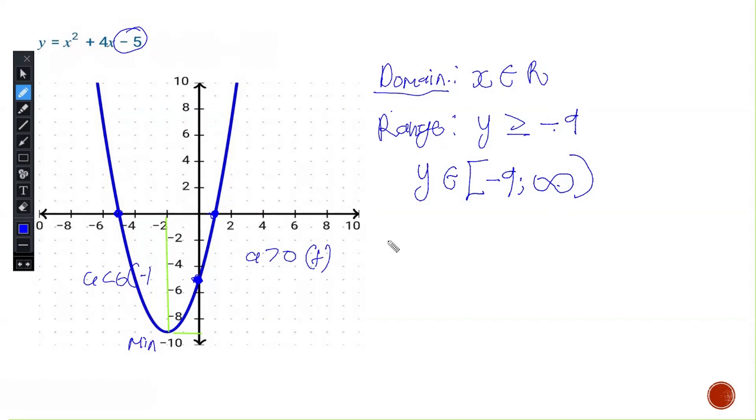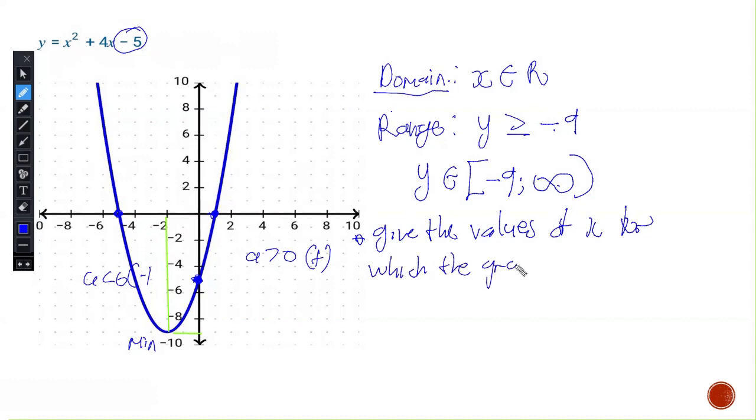Okay, so another question that we might have to answer is this here. Give the values of x for which the graph is increasing, right?